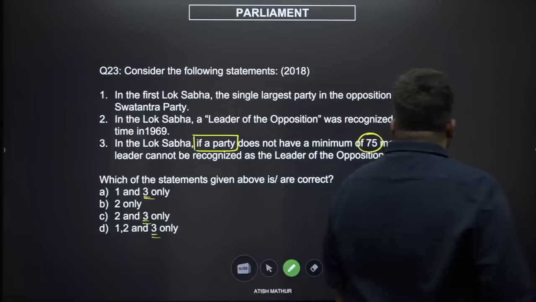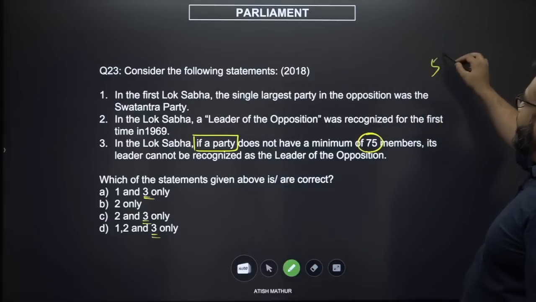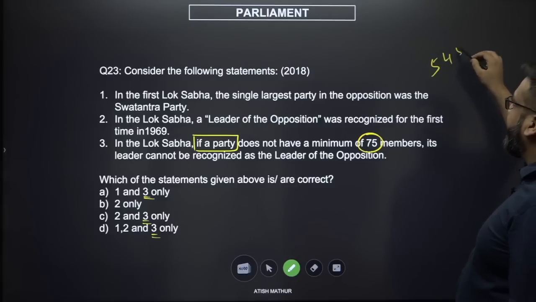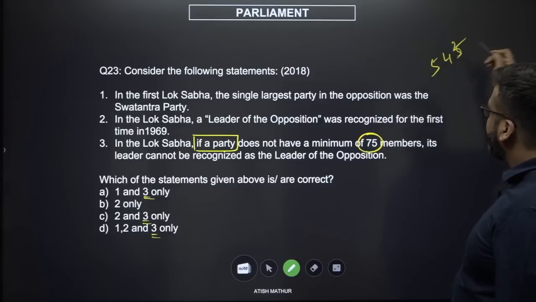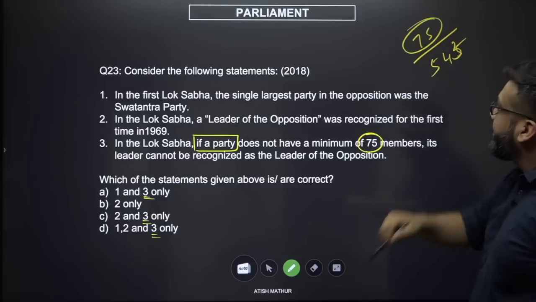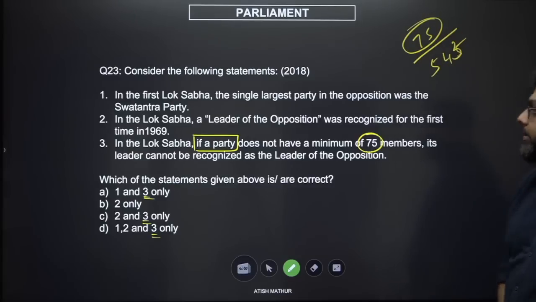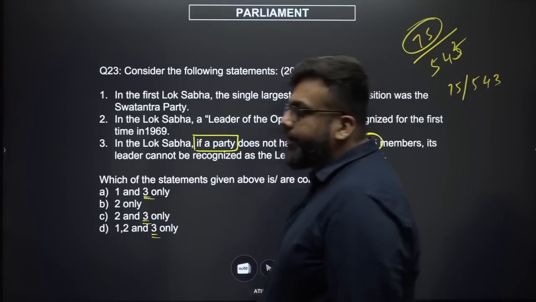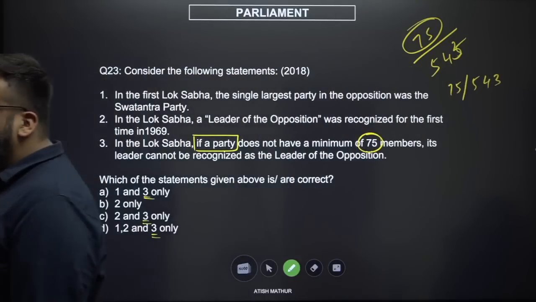Okay. If the Lok Sabha has about 545 members, let's say it's 543, and you don't have a minimum of 75 members, then your leader cannot be recognized as the leader of the opposition. 75 out of 543, right?